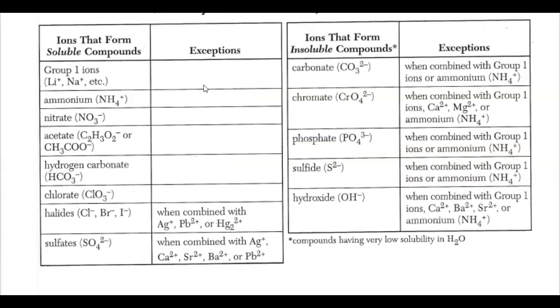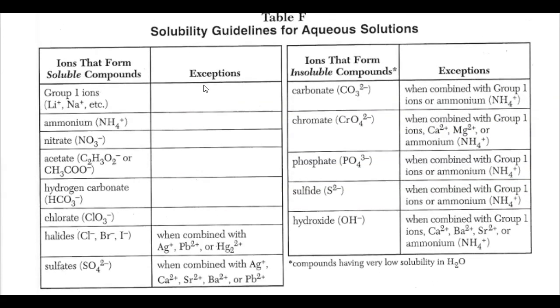Okay, reference table F. We're looking for calcium, magnesium, sodium as it pertains to sulfate. Most of the time sulfate compounds are soluble in water except for these ions here.